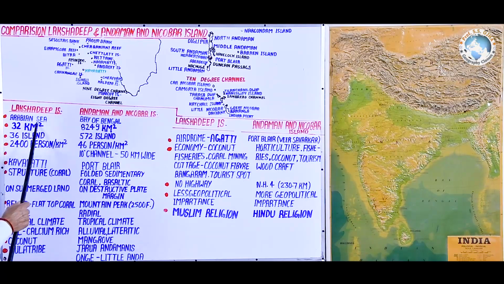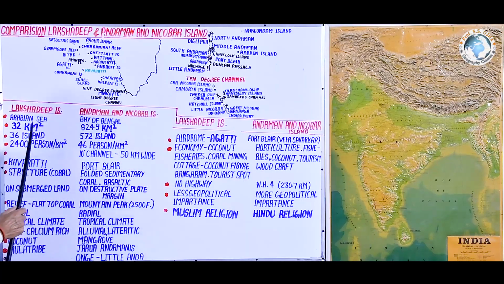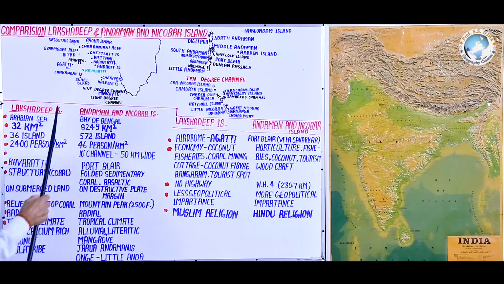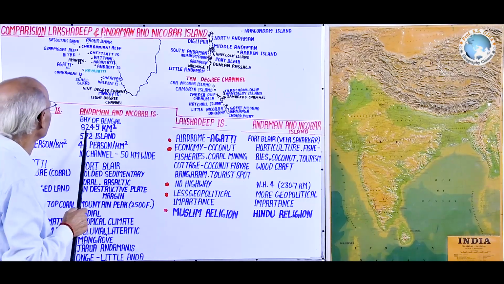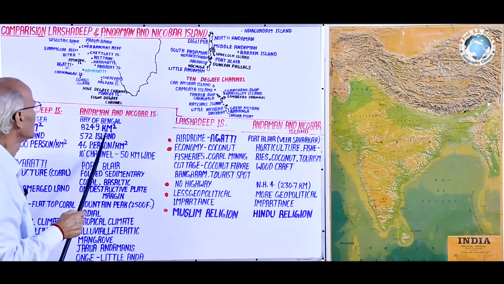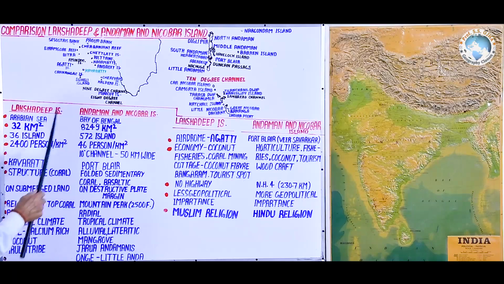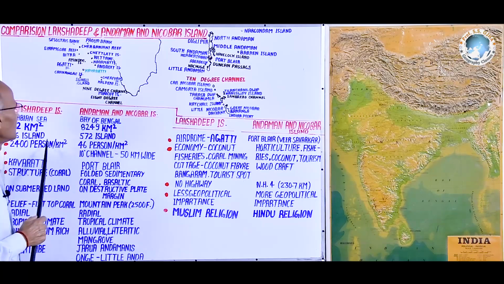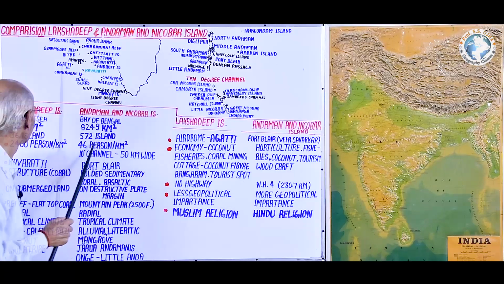Lakshadweep is located in the Arabian Sea, as you are seeing here, and Andaman and Nicobar in the Bay of Bengal. Lakshadweep's area is 32 km square, which is less. Contrary to it, the area of Andaman and Nicobar is 8,249 km square, several times more than that of Lakshadweep. Lakshadweep has mainly 36 islands, while Andaman and Nicobar has 572 islands.